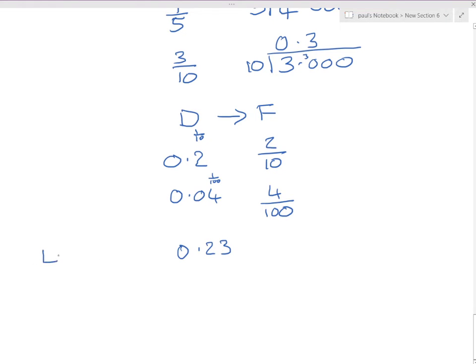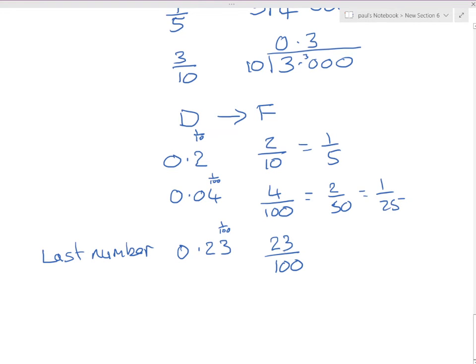You just take notice of the last number. So that is in the hundredths column. So that becomes 23/100. And of course, I've forgotten to simplify. 2/50, 1/25. Not sure about that. Don't think you can simplify that. It might be a prime number, so nothing will go into it. And so you just take notice of the last column. So decimals to fractions, fractions to decimals.